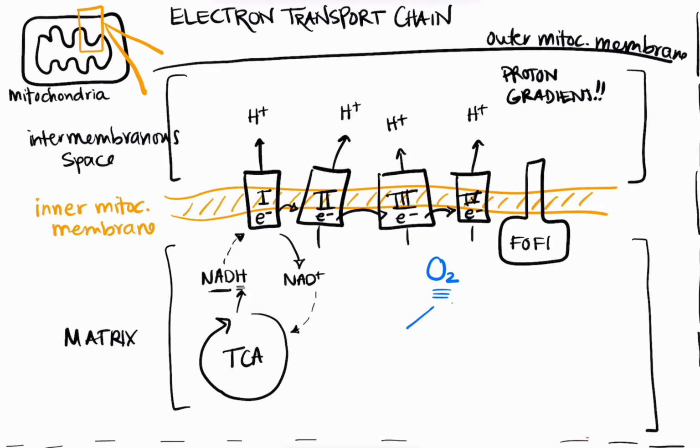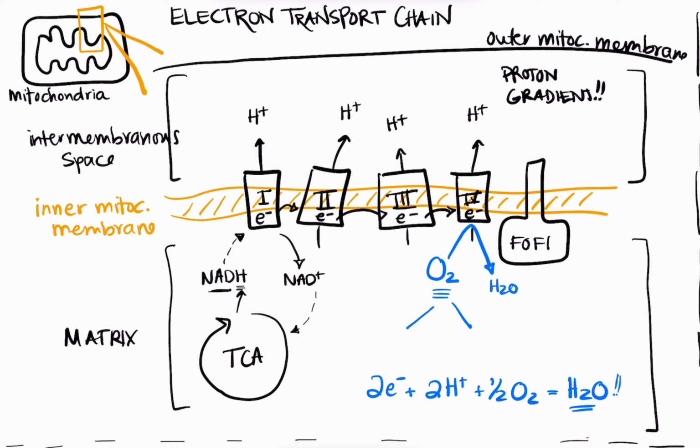If we look at the reaction that takes place at complex 4, it will ultimately take 2 electrons, it will take 2 protons, and it will take 1/2 of an oxygen and produce a water molecule. Perfectly neutral waste product of energy metabolism. So as long as oxygen is here, oxygen will accept that final electron, creating water, freeing up space for the next electron to get passed down the chain.